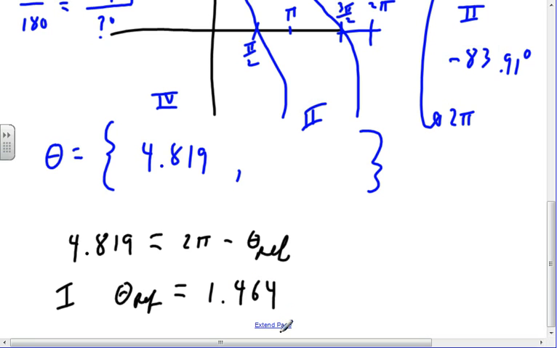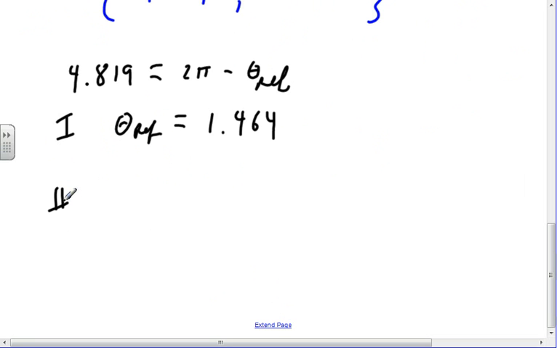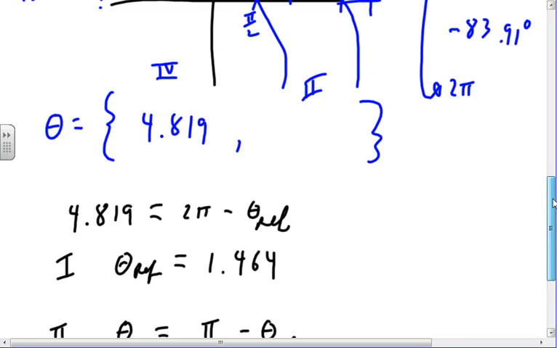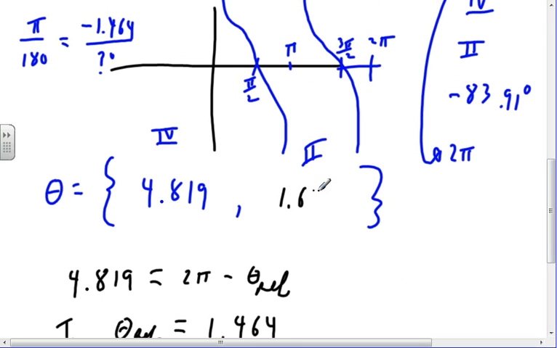Okay, so that's my reference angle. Now I want to find the second quadrant answer. In the second quadrant, the angle is going to be pi minus the reference angle. So pi minus 1.464 is 1.677. All right, so I got two answers, 1.677 and 4.819. We're going to check it.